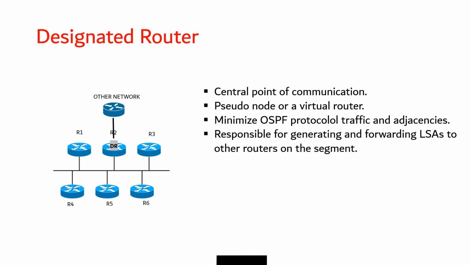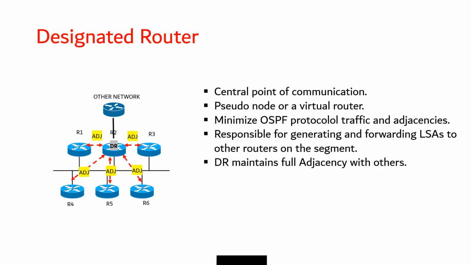Instead of all routers forming adjacencies with each other, they form adjacencies only with the DR. The DR is responsible for generating and forwarding link state advertisements to other routers on this segment.